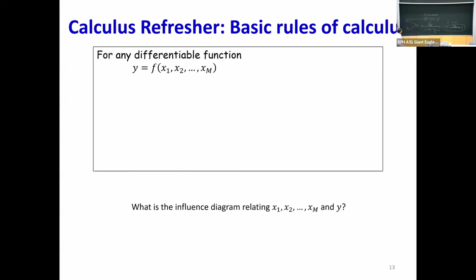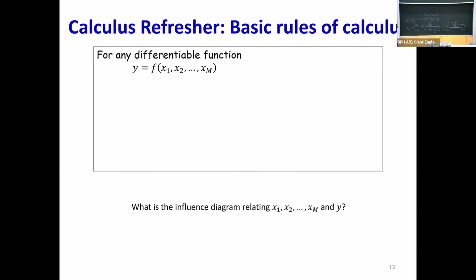So what weight will the edges carry? The partial derivatives of y with respect to xi. And now, what will delta y be? It's going to be the total contribution over all the edges, correct?